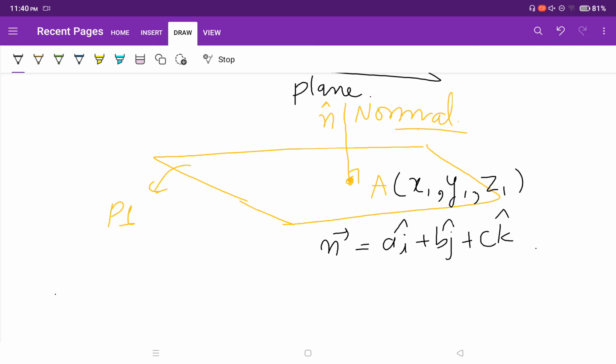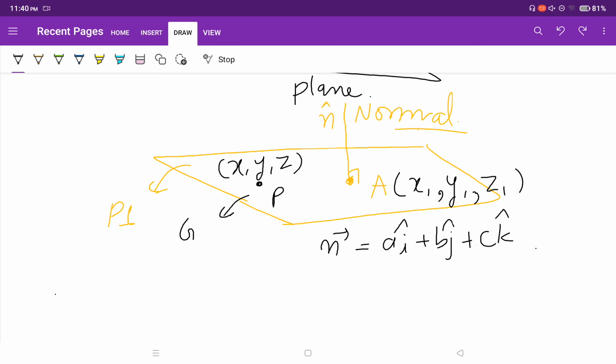Now, as we studied earlier, we need another general point P on the plane and develop a relation between the given parameters and the general parameters. Here P will have the coordinates x, y, z.